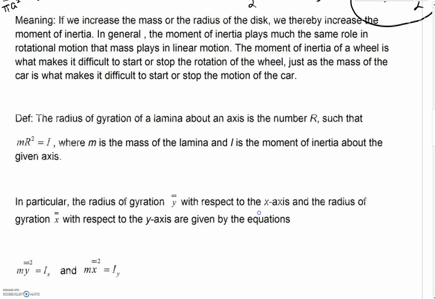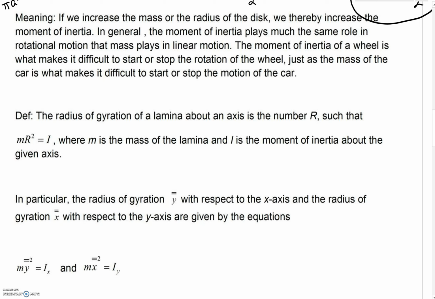All right, well, we've got a couple of other definitions. The radius of gyration of a lamina about an axis is the number r such that m r squared equals I. M is the mass of the lamina, and I is the moment of inertia about a given axis.